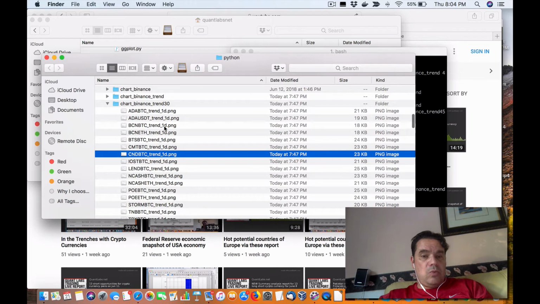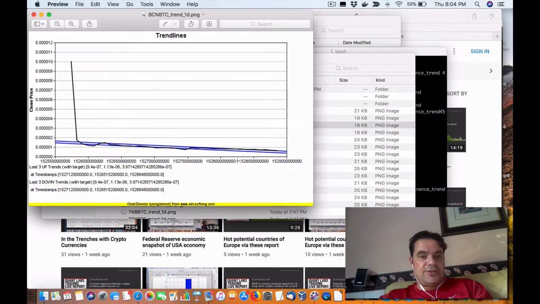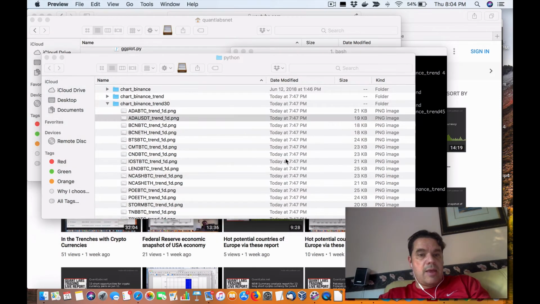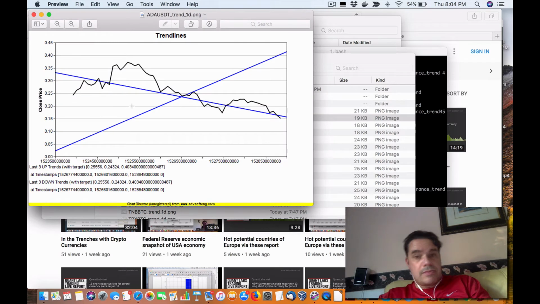So if I show you just a few of these charts here, this one's no good because you can clearly see, to me, there's just no trend. I couldn't work with that. This one, again, I could see possibly 1, 2, and then 1, and then maybe 2.